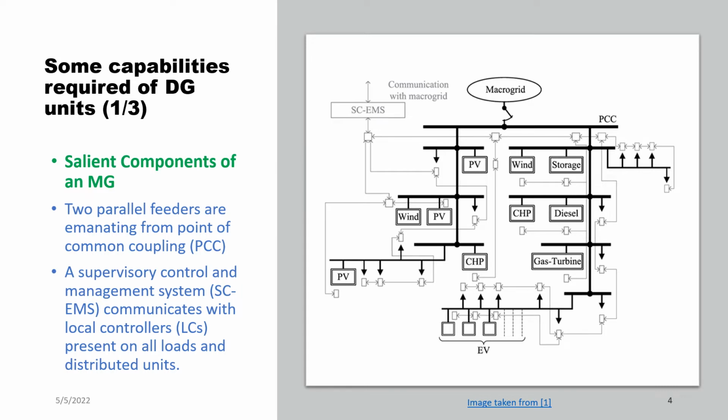Then we can see SCEMS, which is a supervisory control and management system that communicates with local controllers. The local controllers are present on each load and each distributed unit. And we can see a variety of loads and resources here, such as wind, photovoltaic, combined heat and power, diesel and gas turbine, etc.